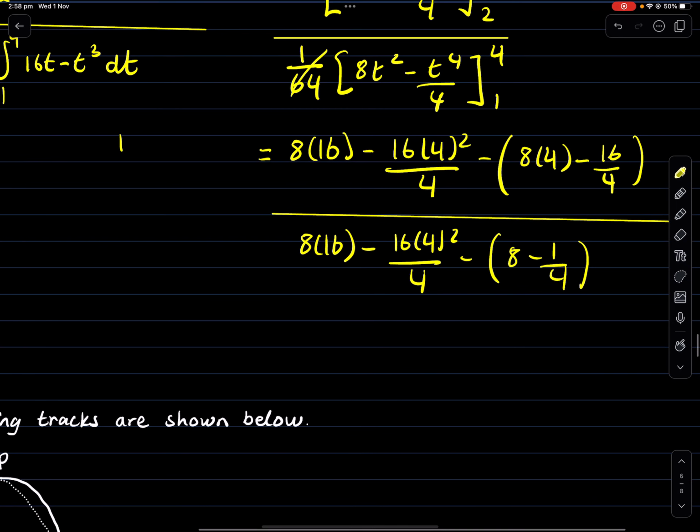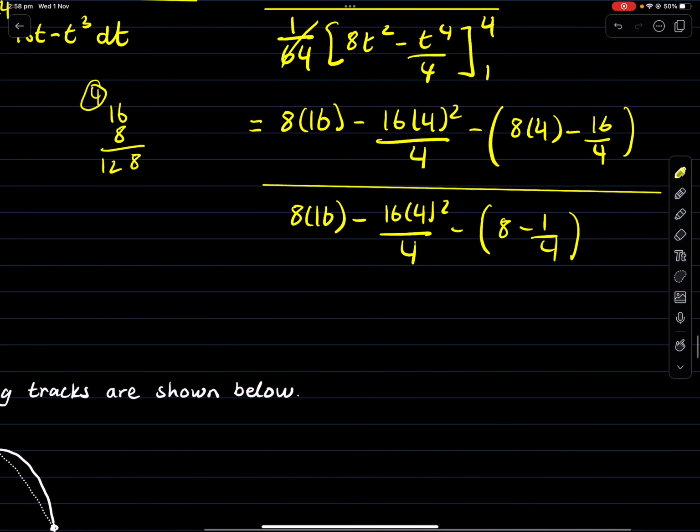So what's 8 times 16? 1 to 8, so it'll be 128 minus 4 to the 4, which is 64.